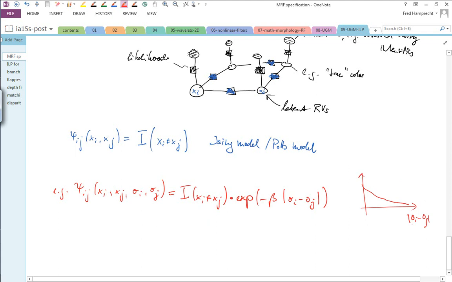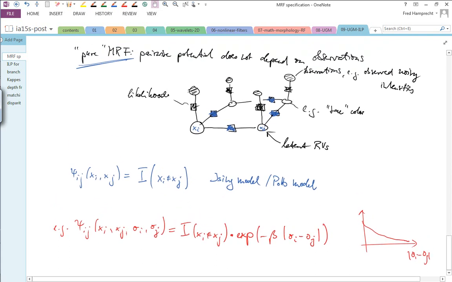Now, in the graphical model, I need to express that. The blue potential or the blue factor only depended on two random variables, so it was a pairwise factor, and I only had to connect it to its two neighboring random variables. But now I have this function which is an argument of 4 variables. So I need to augment my graph here by saying, actually there's a connection also to these observations here.